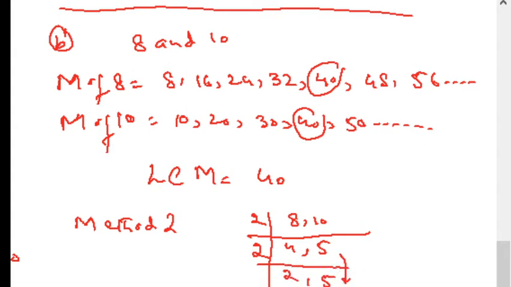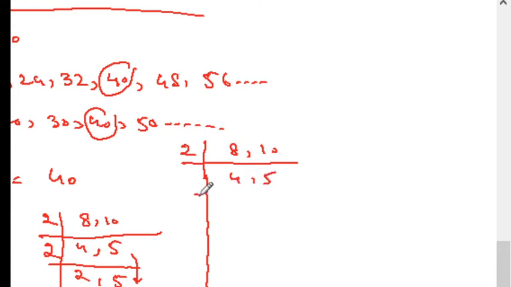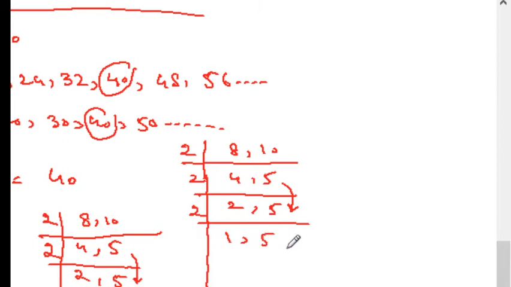Basically I'm writing the whole thing here: 8, 10, 2, 4, 5, then 2 2s are 4, 5. The 5 is not divisible by 2, so bring it directly here. Now 2, 1 here, and 5 is not divisible by 2, so it comes down here.